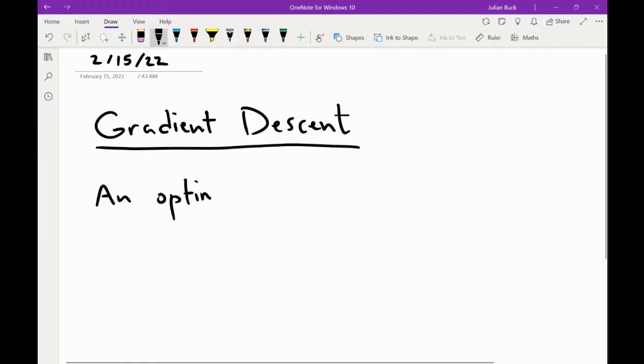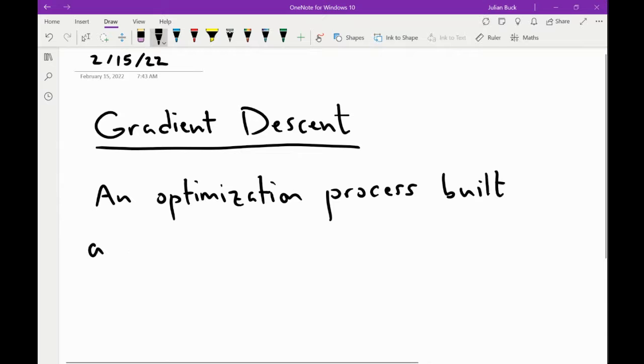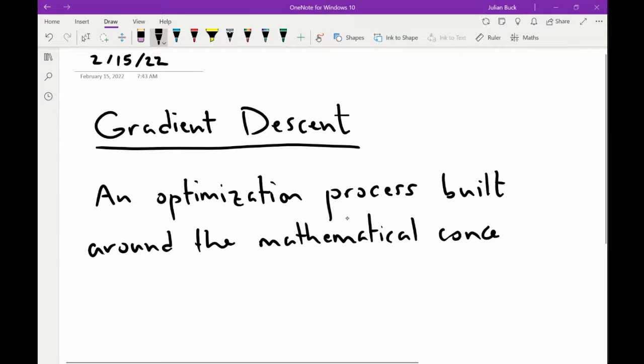The idea here is it's a way that we can mathematically improve. Built around the mathematical concept of the gradient.